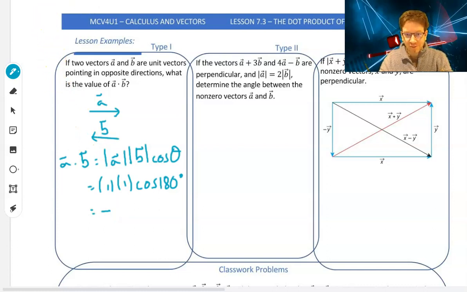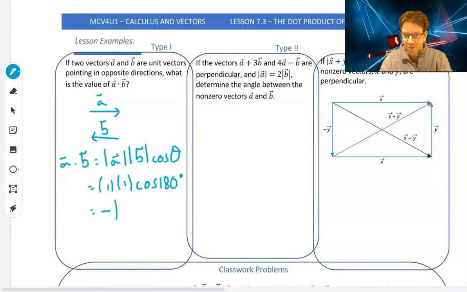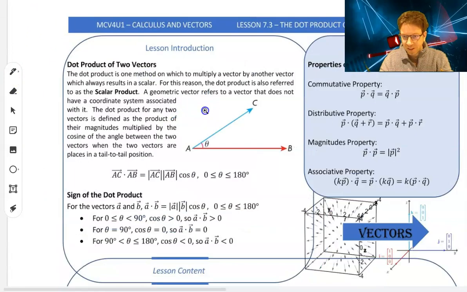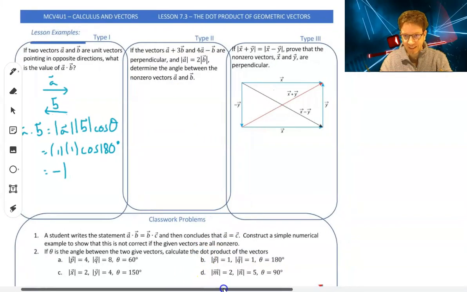But like I said before, you can simply think of it as, let me go back to the previous page, you're almost thinking of it as if we were to take this vector and take the cos of that angle, we're finding a component of this vector that's parallel to this vector, and then multiplying those two magnitudes. That's essentially what we're doing. And we'll look at applications later. For now, let's try question number 2.